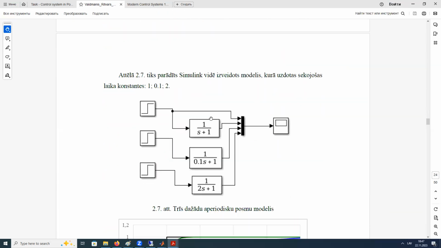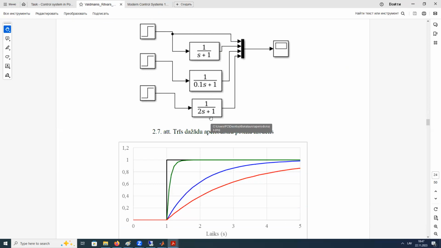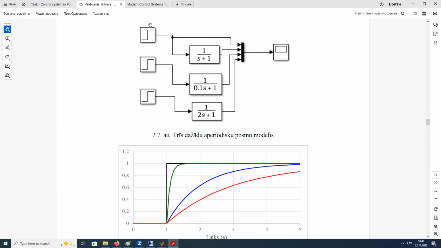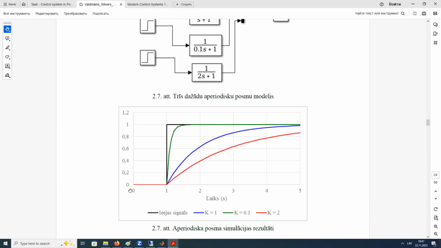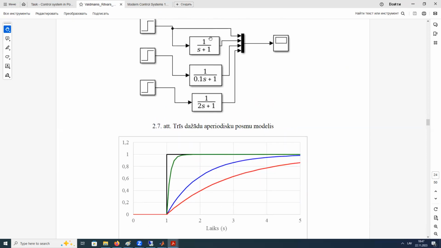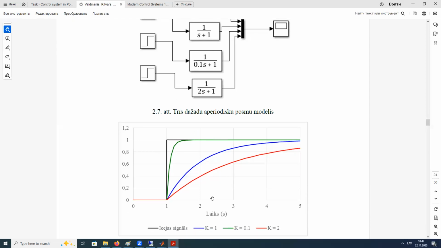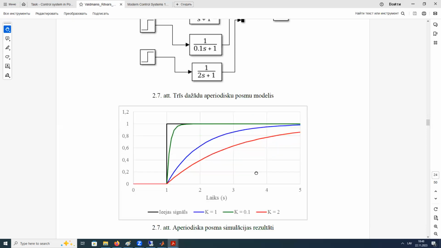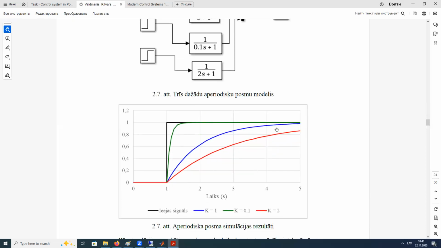Okay, let's go next. The next one is an aperiodic transformation. So the same input signal, a step generator. At the beginning, it is equal to 0. At the time moment 1 second, it will be 1. And here we could see the aperiodic block with different coefficients, 1, 0.1, 2.